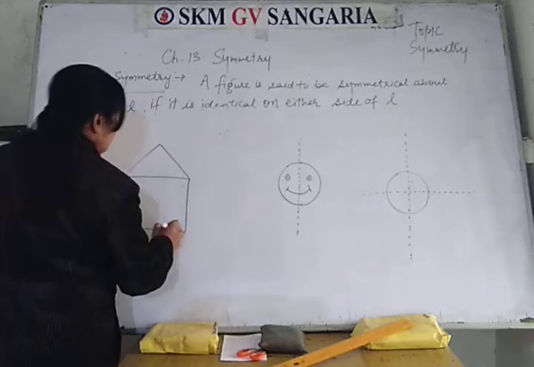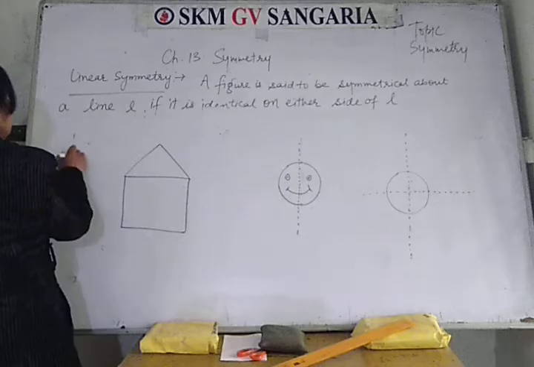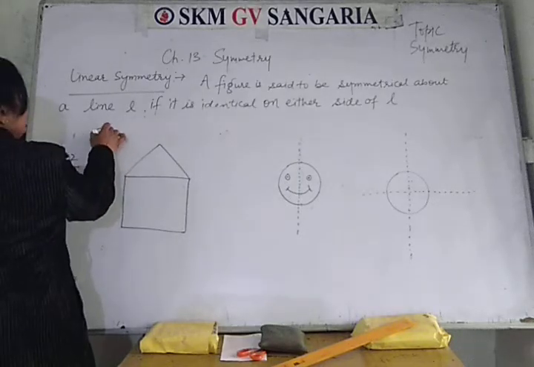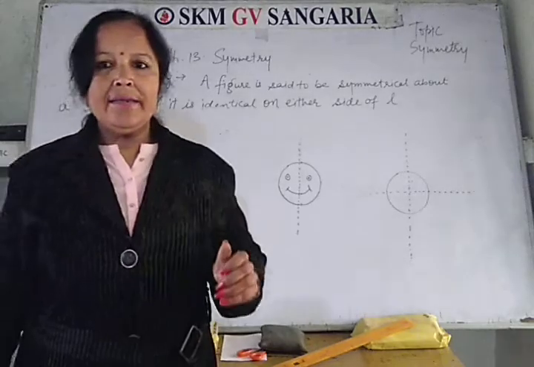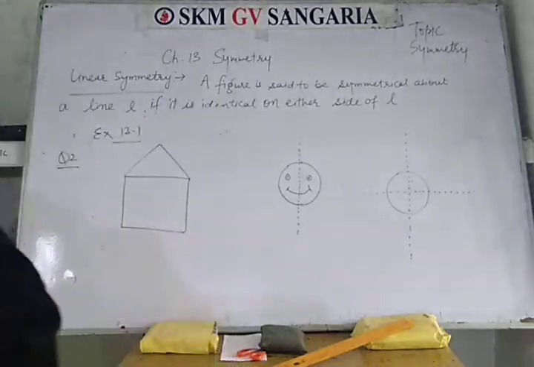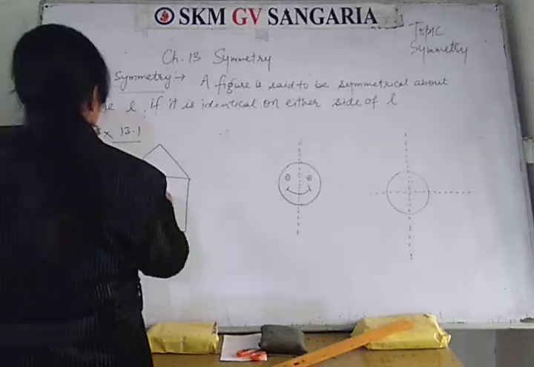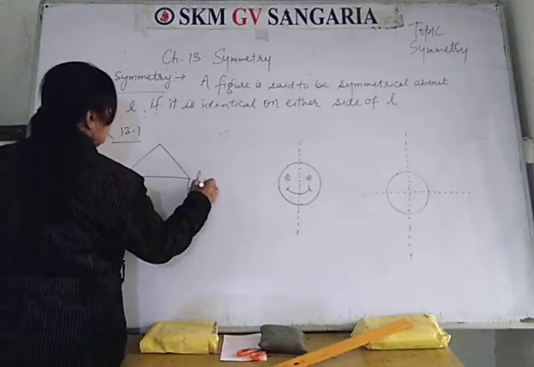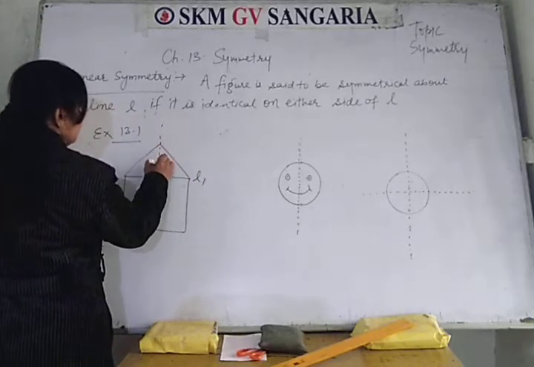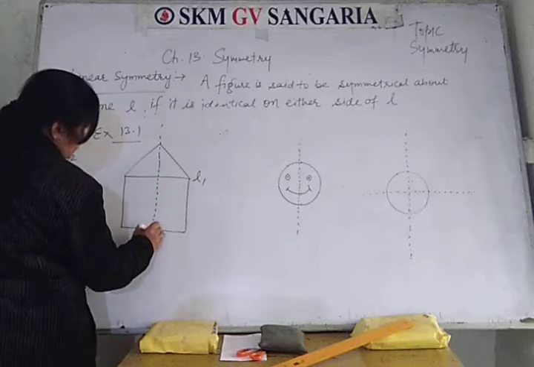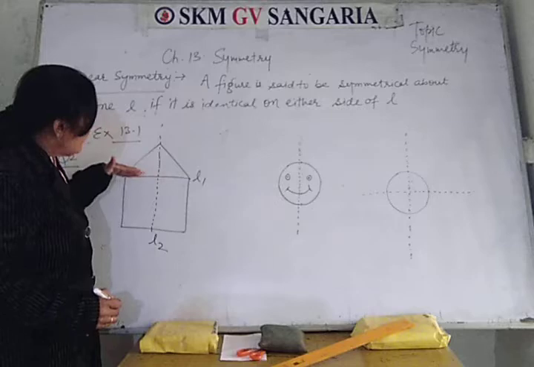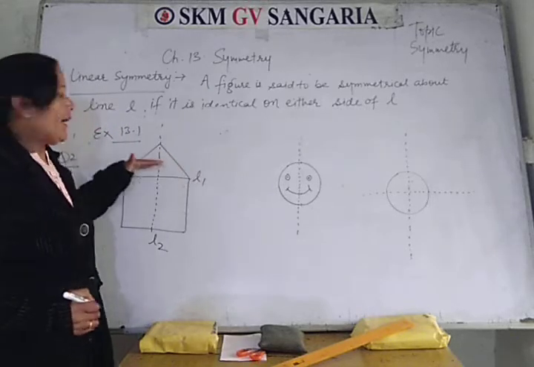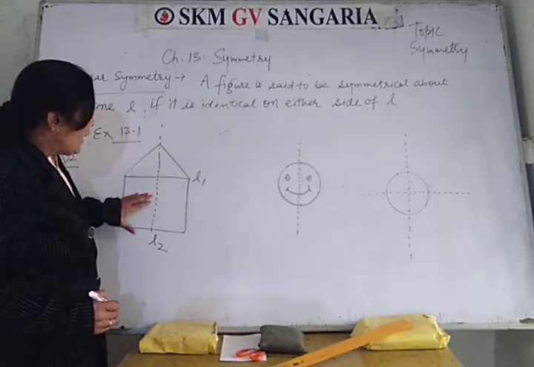Okay, and question number 2, that is exercise 13.1. You will also draw this figure with the help of a pencil and scale, and this is L1 and this is L2. So which line of symmetry will be there? This L1 is not dividing this figure into two identical parts.